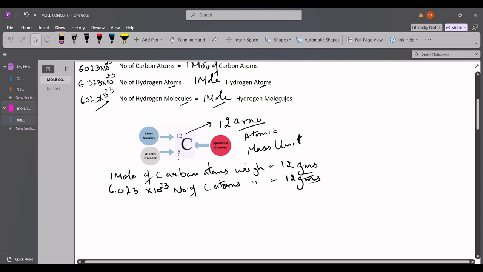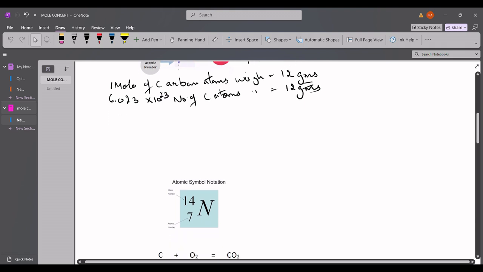Now let us take another example, nitrogen. Nitrogen has a mass number of 14, that is 14 AMU. So if I have 6.023 into 10 raised to power 23 atoms of nitrogen, then it will weigh 14 grams. Let us say I have to work on 7 grams of nitrogen.